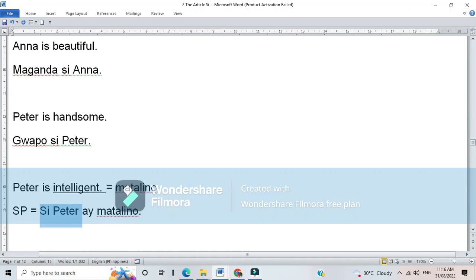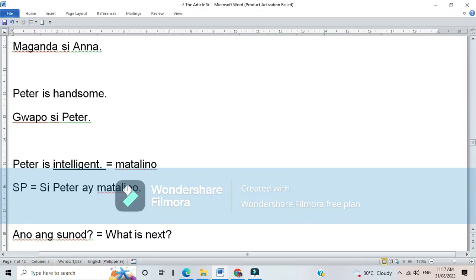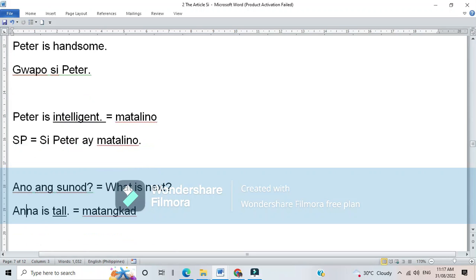Si Peter ay matalino. We use the article si for Peter because si is used to introduce a proper noun as the subject of the sentence. Don't forget to use ay if you are using the subject predicate sentence. Okay, next example.